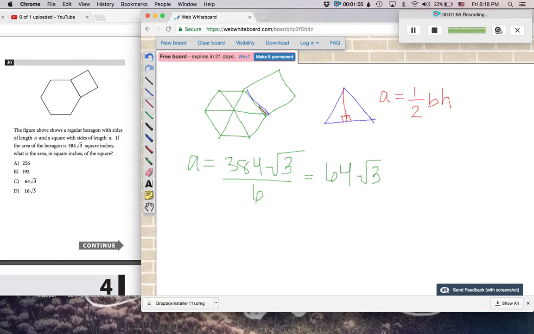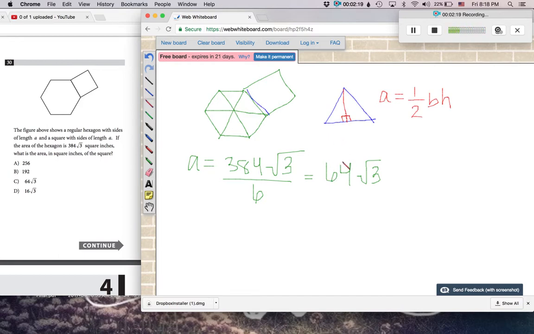Now, you can't actually figure out what the base or the height are unless you make 2 30, 60, 90 triangles, and you know your 30, 60, 90 triangle ratios. You're very rewarded for knowing those ratios on this question, and in fact, it is very important.